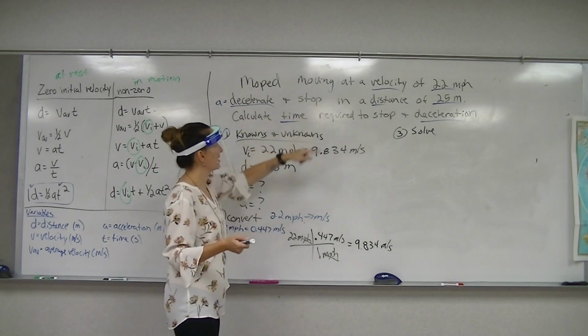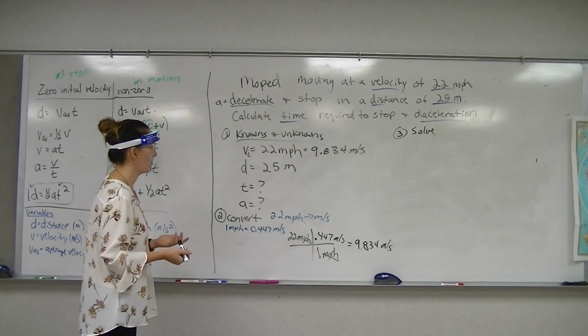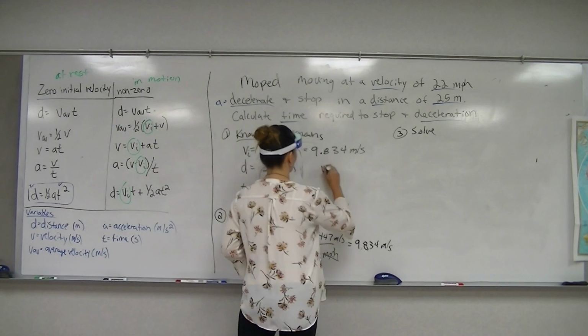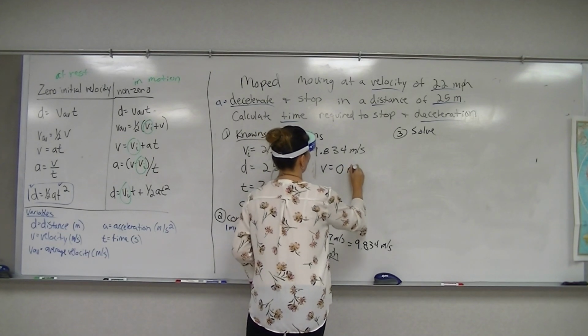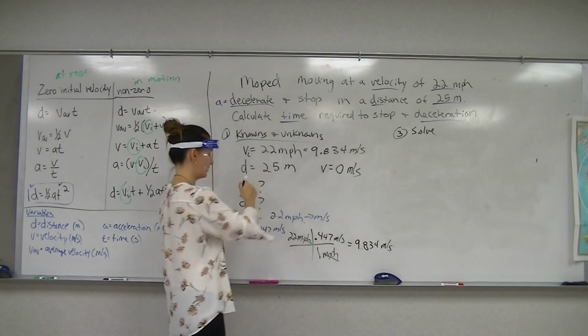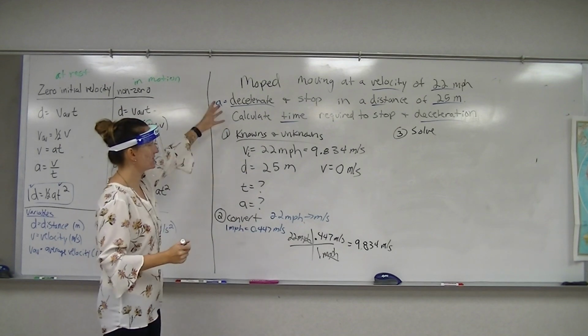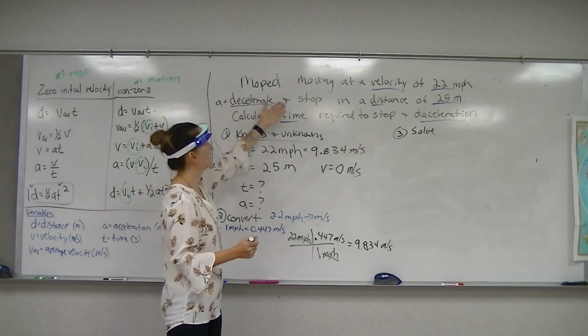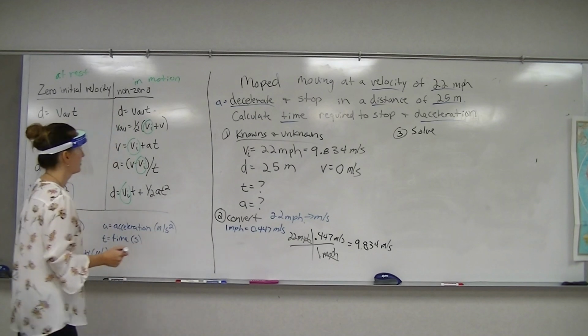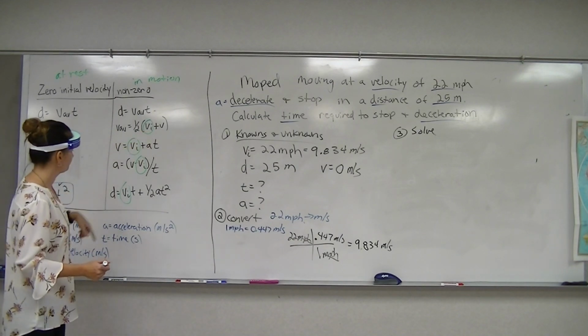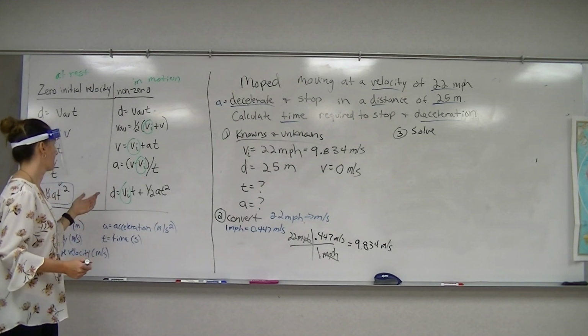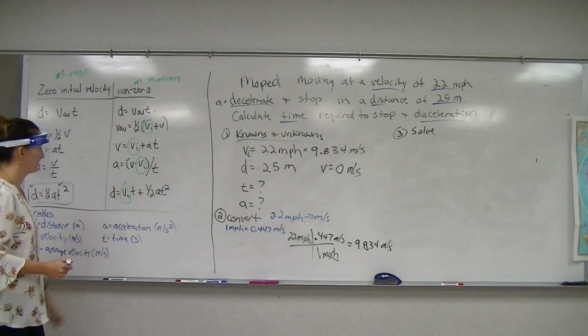Okay, so it's stopping. So what is its final velocity if it's stopping? Its final velocity, this v value, is going to be 0. So we have another piece of information that wasn't explicitly given to us, but we can figure it out by rereading. Okay, so that means wherever we see a v, that's going to be 0. vi, we'll plug in there.